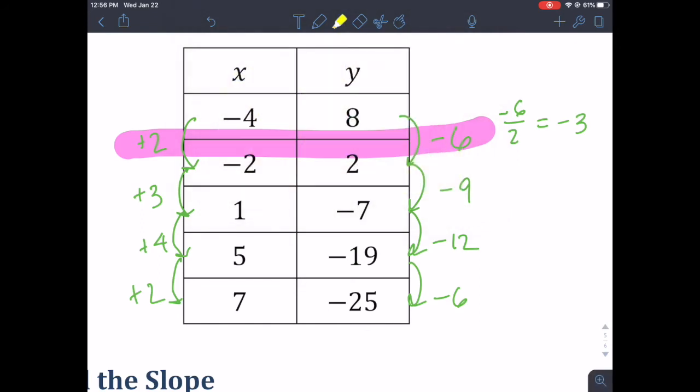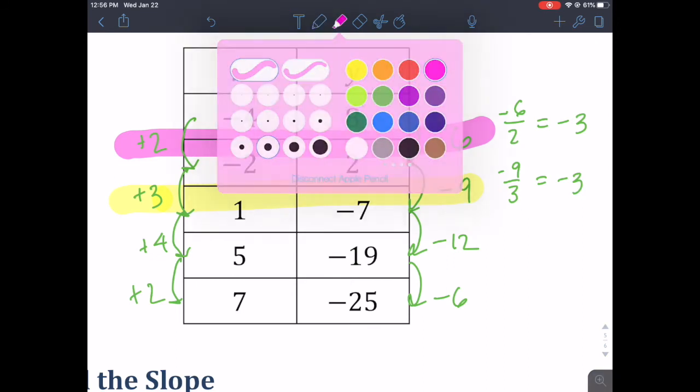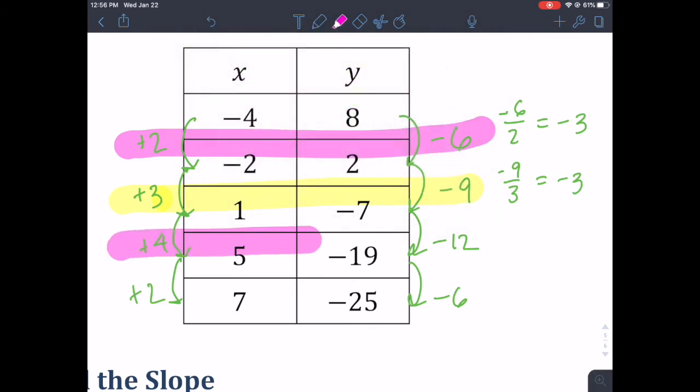If we then look at the next time, we had negative 9 over 3. That is still negative 3. Then what happens when we have negative 12 over 4? That once again is negative 3, and the last time, negative 6 over 2 again, we also get negative 3.